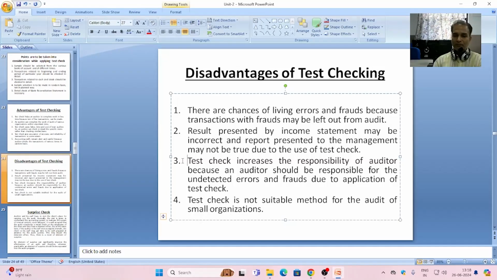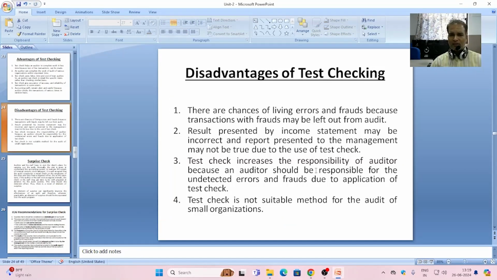Fourth point, test check is not a suitable method for the audit of small organizations where the number of transactions is not big. So in small organizations, test checking should be avoided by the auditor.